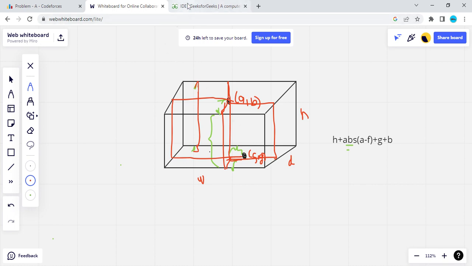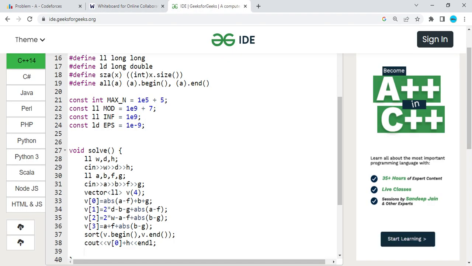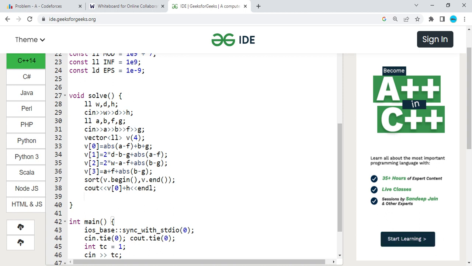And when we represent all these cases in code, it will look like this. Let's look at the code. I have declared w, d and h variables and taken the input, and also the coordinates of the laptop and projector, a, b and f, g.